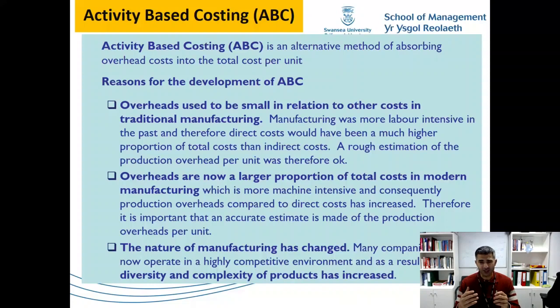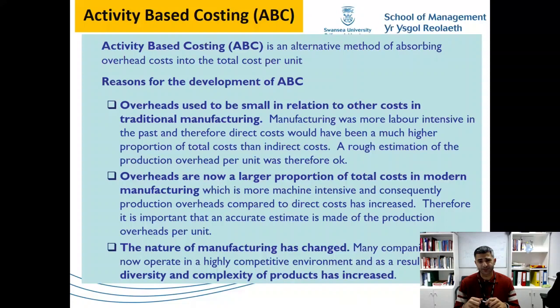But when it comes to ABC, it is vital for a business which has a huge amount of overheads, and also a lot of diversity in the products, larger production. And why is ABC important here?